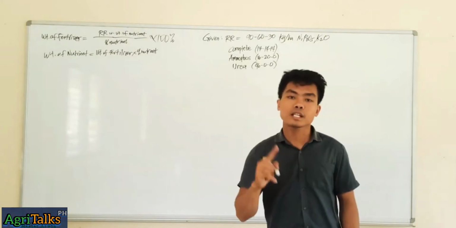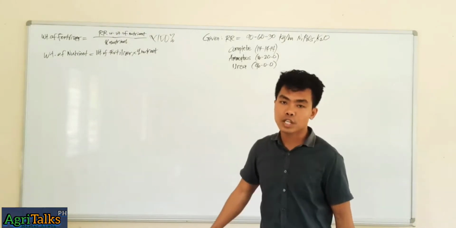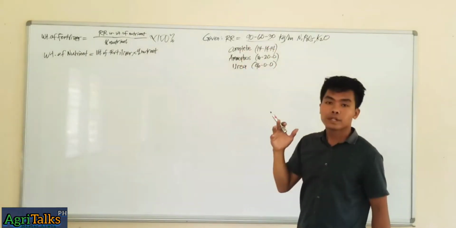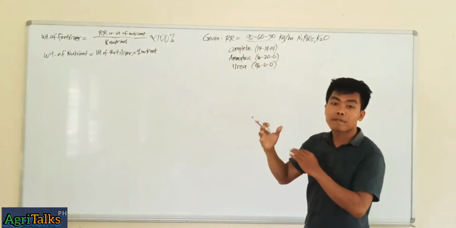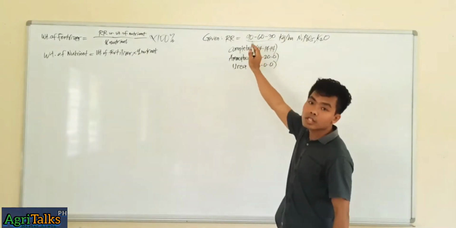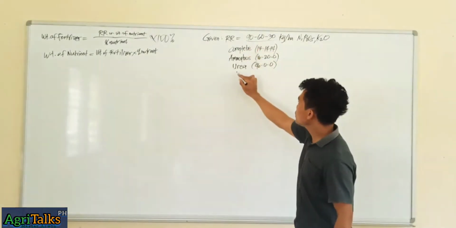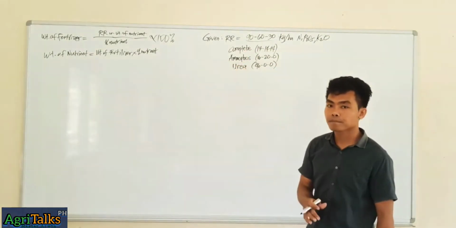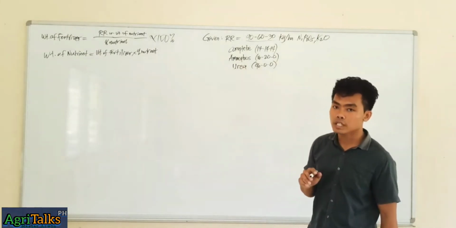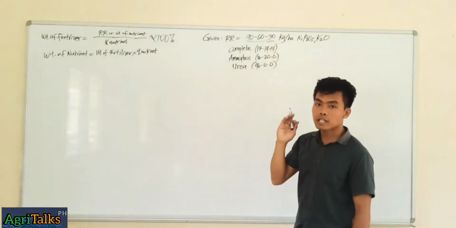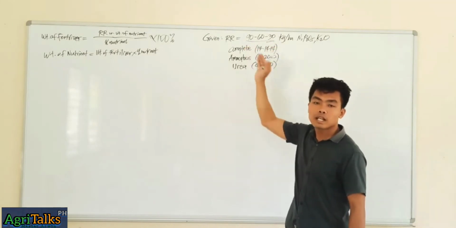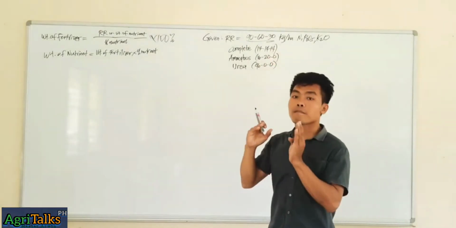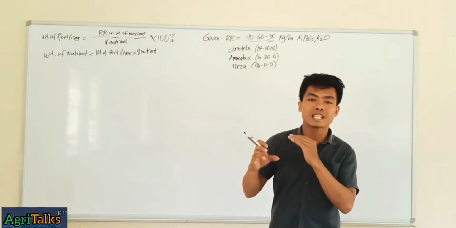So this is the first thing to consider, guys. If you have this type of recommended rate with different numbers, which is 90, 60, 30, and you will use a combination of the following fertilizer materials, the first thing to consider is you will use first the smallest number in the recommended rate in calculations, since this is the first nutrient that will be satisfied.